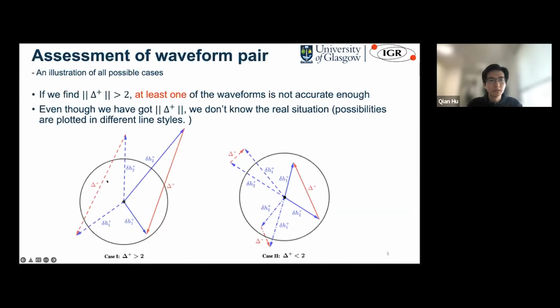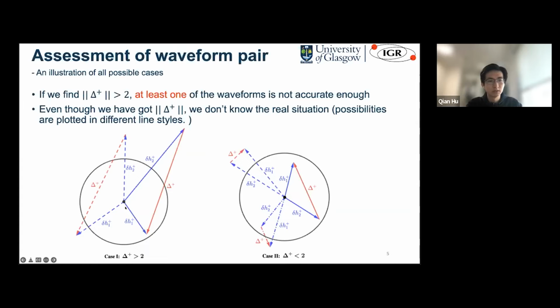Even though we have got the length of the waveform difference, there are still many possibilities, as plotted in the different line styles. Let's first look at case 1, where delta is longer than 2. Here the black circle is a unit ball of radius 1, and the blue vectors are the waveform errors. If their lengths are longer than the radius, they will be out of the black circle, so the waveform is not accurate enough.